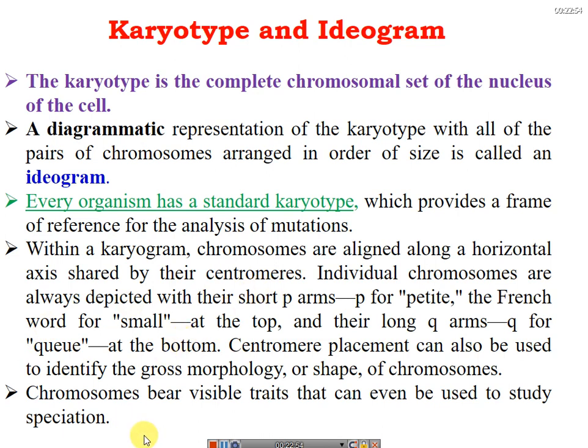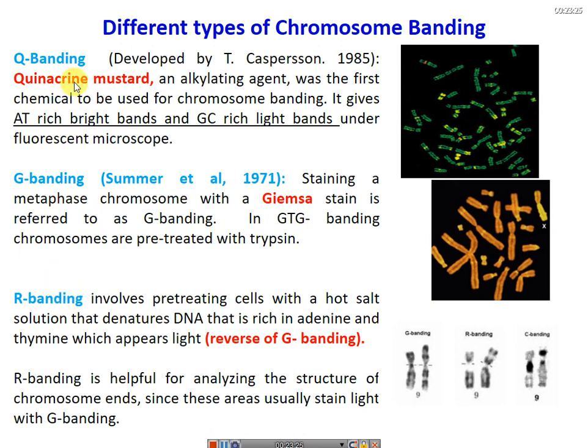Now, chromosomes bear visible traits that can be used to study speciation. This is different from the diagnosis of genetic disorders, but if we want to study speciation, the chromosomes show us how the two karyotypes differ between two species.